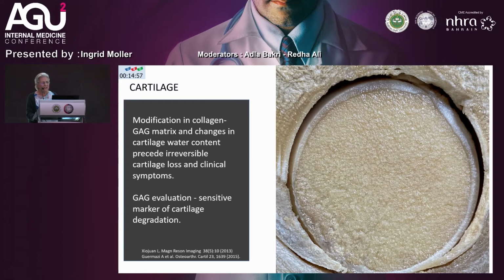And every change that we have in water content in this cartilage is the early change that goes before having a cartilage loss, before having osteoarthritis. So the glycosaminoglycan evaluation can be a sensitive marker in the cartilage degradation.